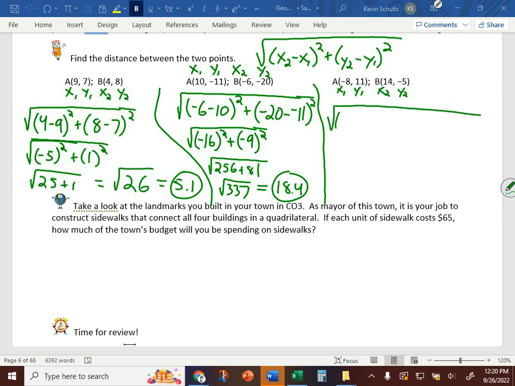So we have 14 minus negative 8 that we're squaring, and we're adding that negative 5 minus 11 that we're squaring. So that gets us 22 squared plus negative 16 squared, and I'm not fresh on my 22 times 22. Should be 500 something. 484.